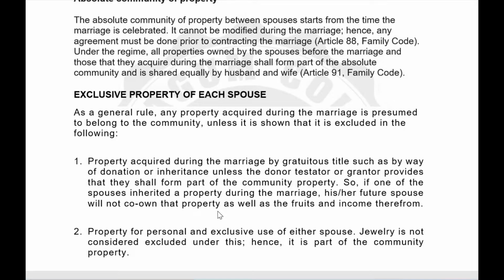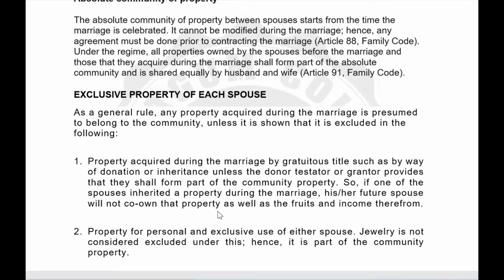Yan siya. So, same thing, no, with conjugal partnership of gains, any property na na-inherit mo during marriage, no, shall be considered pa rin as part of the exclusive property, no? Property inherited or acquired by gratuitous title during marriage is exclusive property.